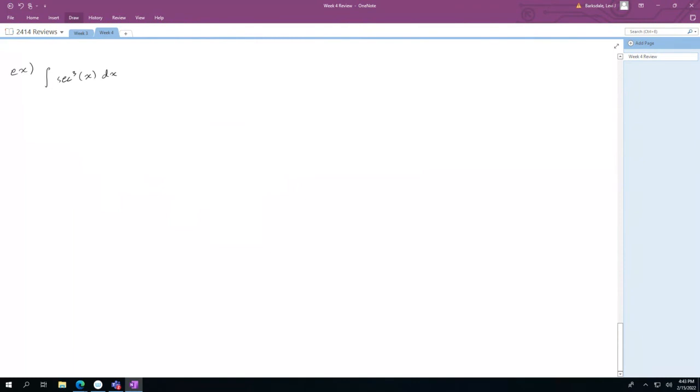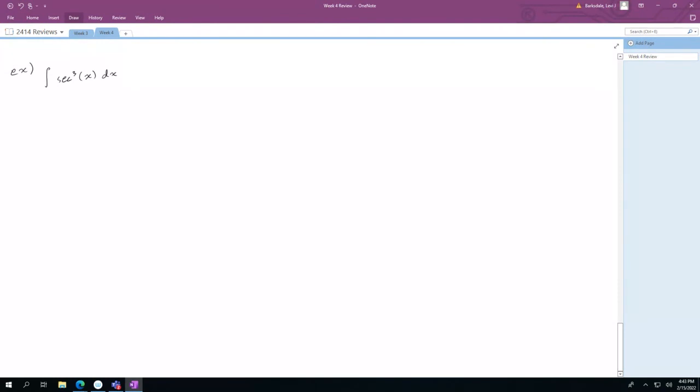So I don't really want to do that. If I tried trig sub, it doesn't have my nice form of something like 1 plus x squared, so it's probably not trig sub either. It's obviously not partial fractions either. So really my other main thing that I have left is integration by parts.